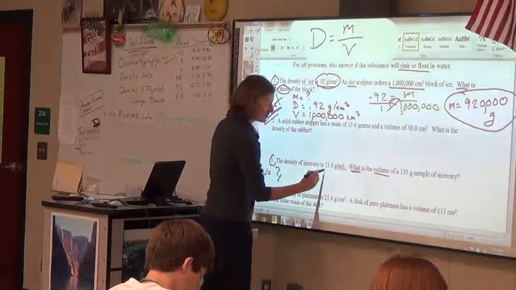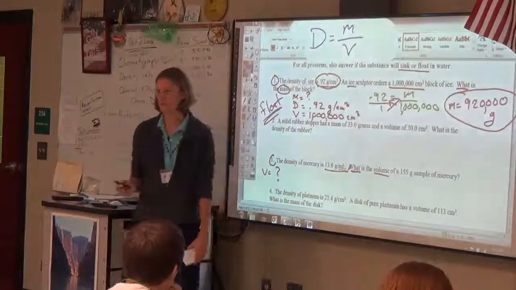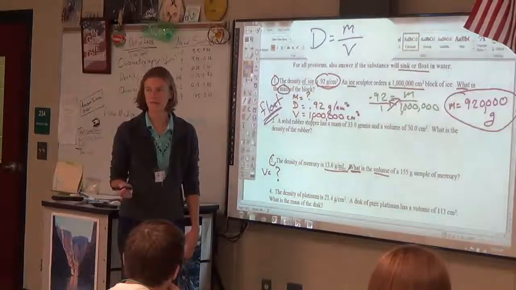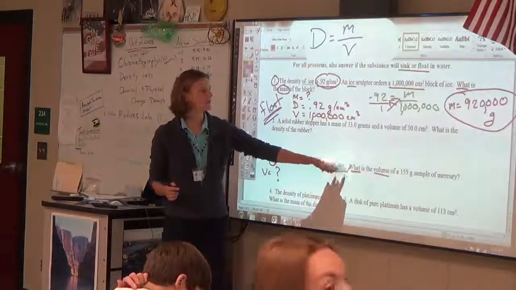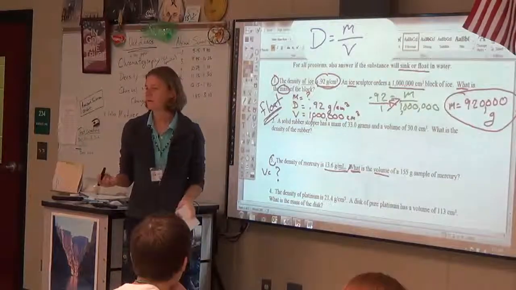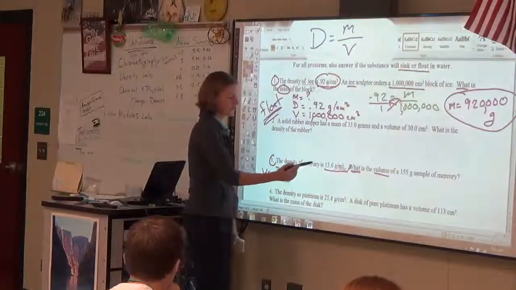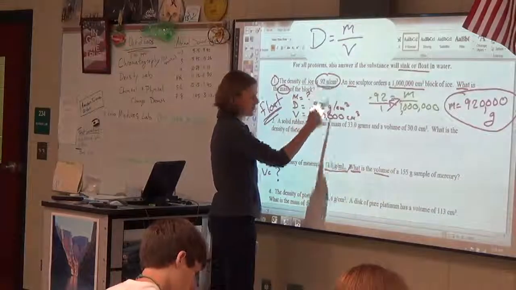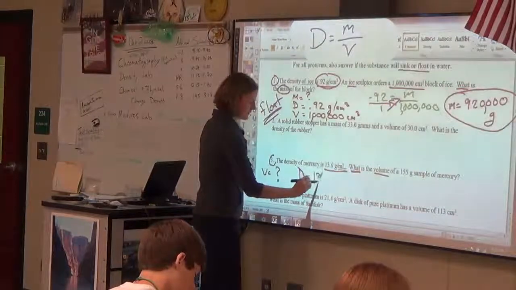Without really even reading, what's 13.6 grams per milliliter got to be? The density. Any guesses why this one was in milliliters, but this one was in centimeters cubed? Mercury. Yeah, because it's mercury, it's a liquid. We usually would use milliliters for liquid, centimeters cubed for solids, but they are equivalent.